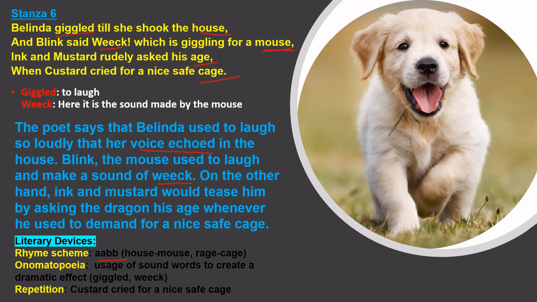These are the sound words used in this stanza just to create a dramatic effect. So this literary device is known as onomatopoeia. Then you have repetition. Custard cried for a nice safe cage. So this line is again repeated. You have seen in the previous stanzas also this line was repeated.